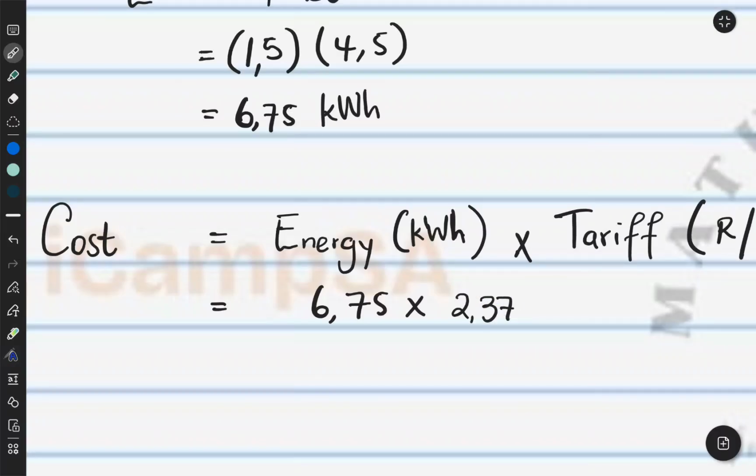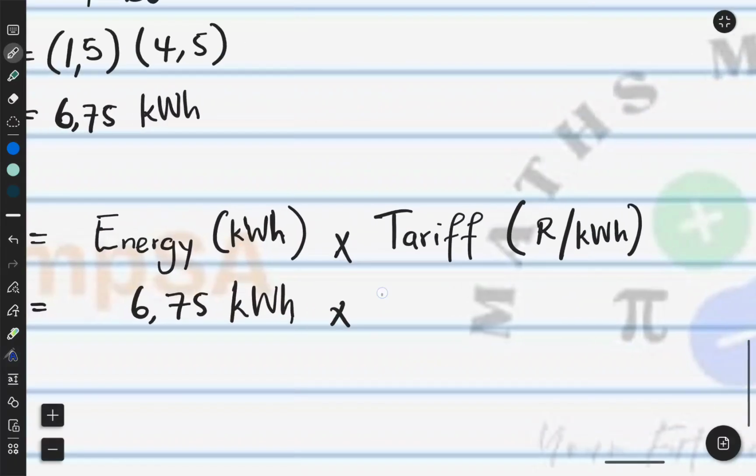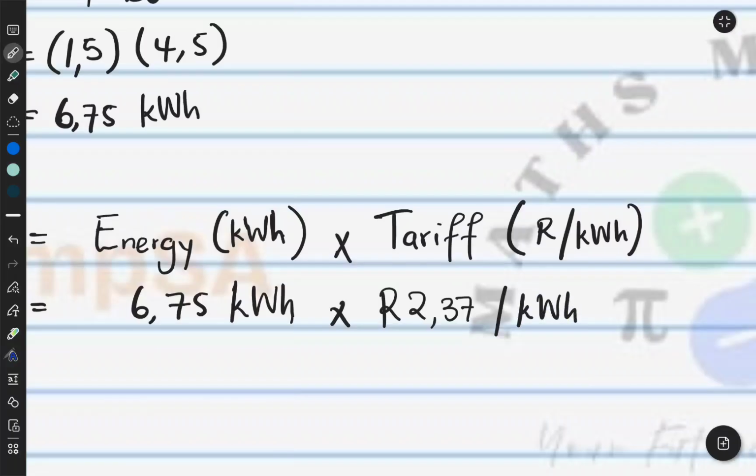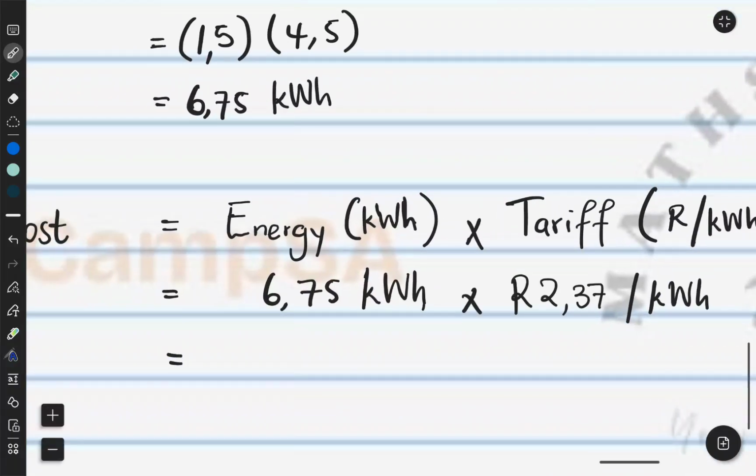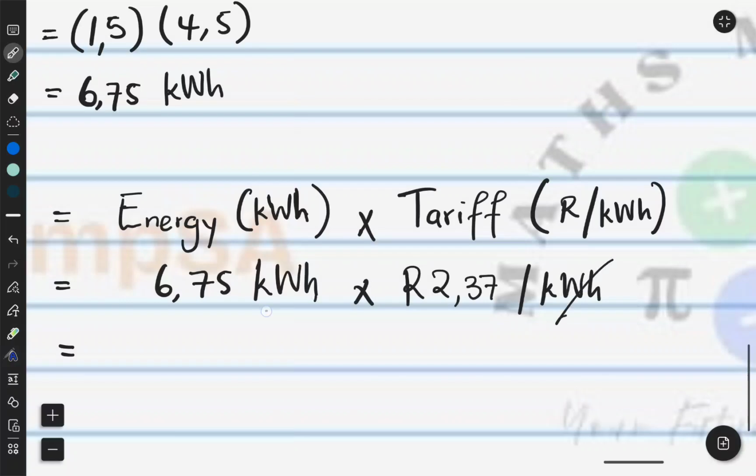Some people prefer writing it even with units included. You'd have 2 rands and 37 cents per kilowatt hour, and then this will give you the money, because this will cancel that and you'll only be left with money here.